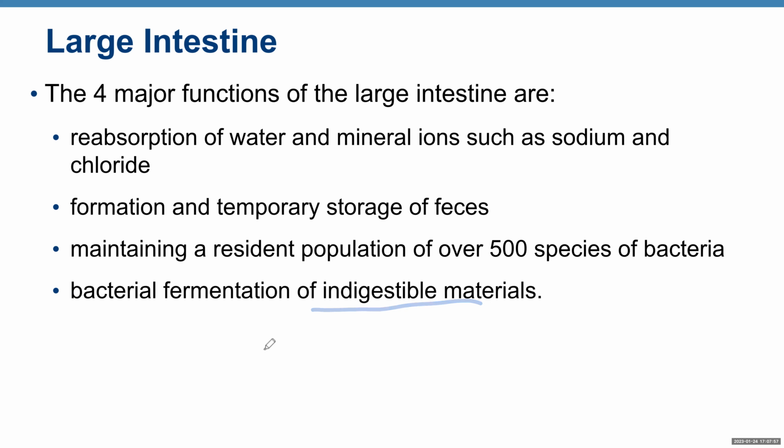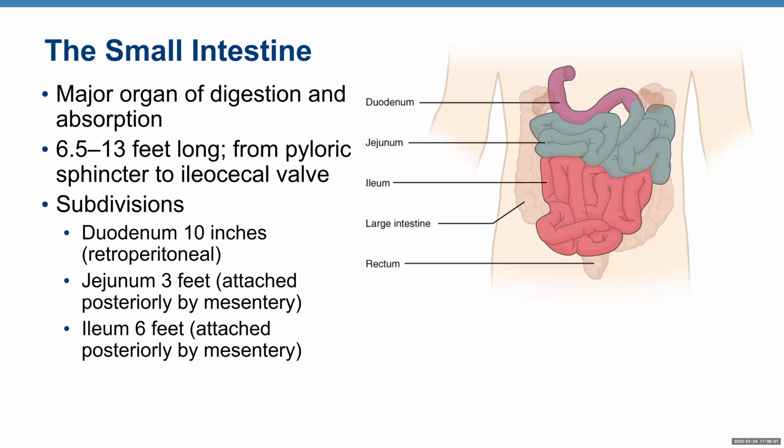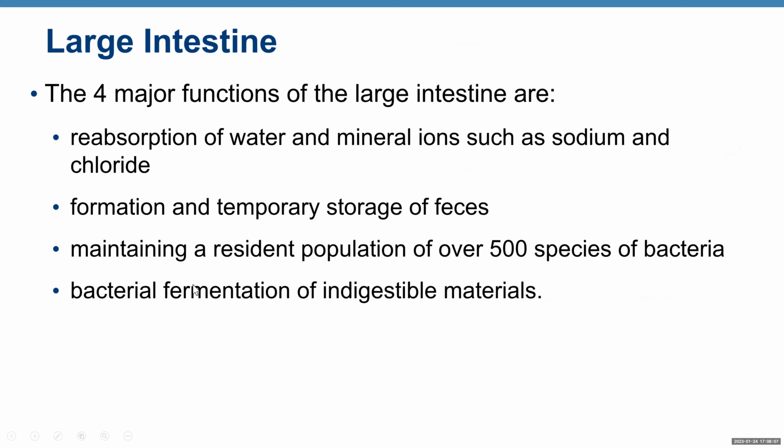So what it is saying over here is that most digestion and absorption happens in the small intestine. In the large intestine, we have pretty much just fermentation of indigestible materials and reabsorption of water. So we don't have lots of digestion or absorption in the large intestine.